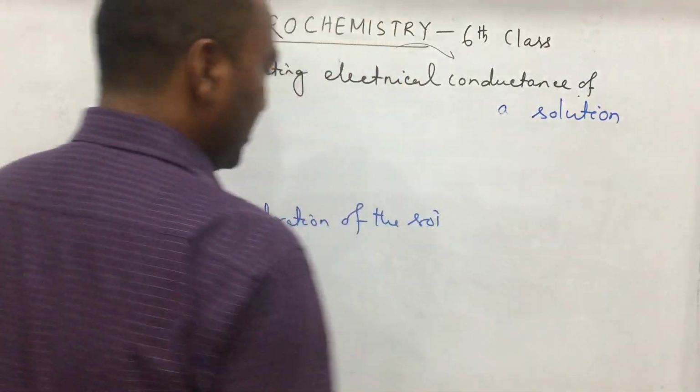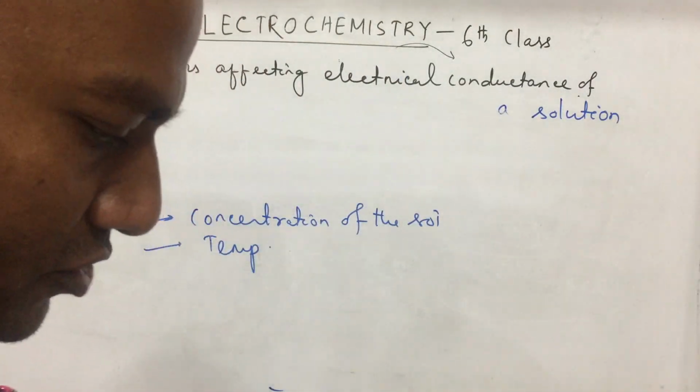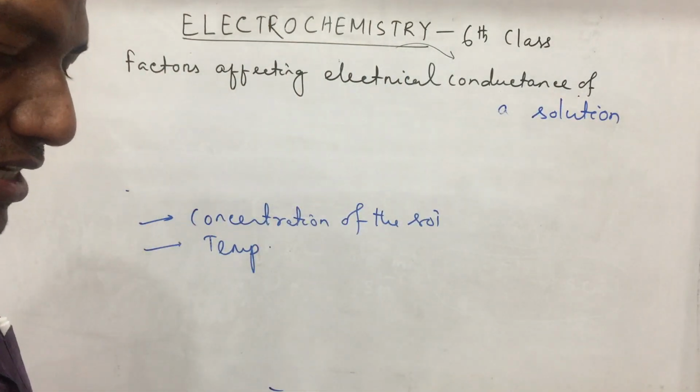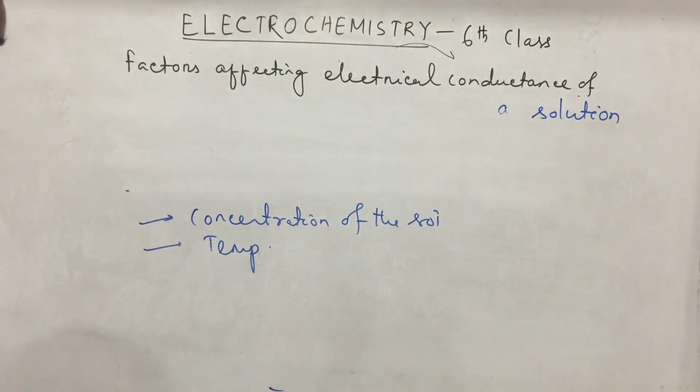Then the next part is concentration of the solution. Higher is the concentration of the solution, less is the conductance, because when concentration increases, ionic mobility decreases. This is true for both strong and weak electrolytes. And the last point is temperature.